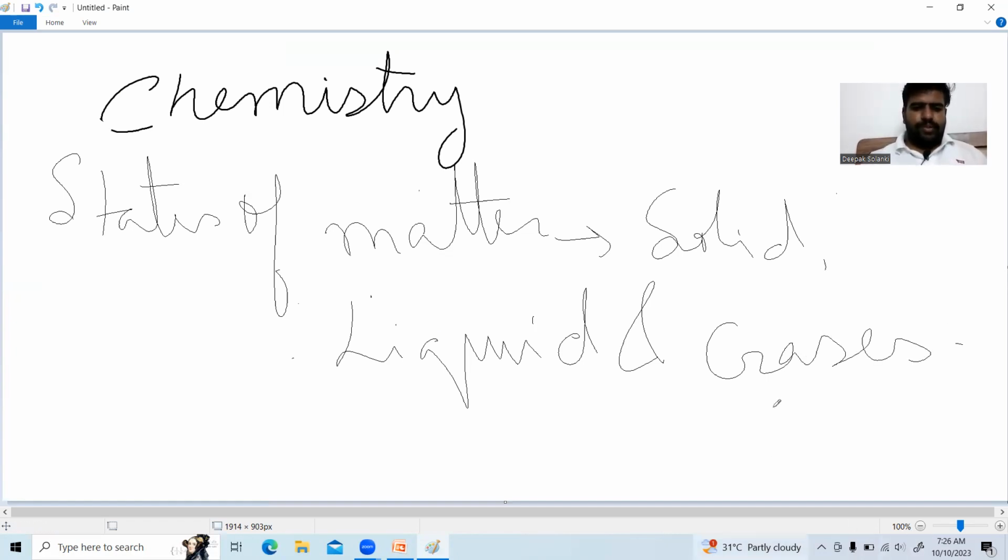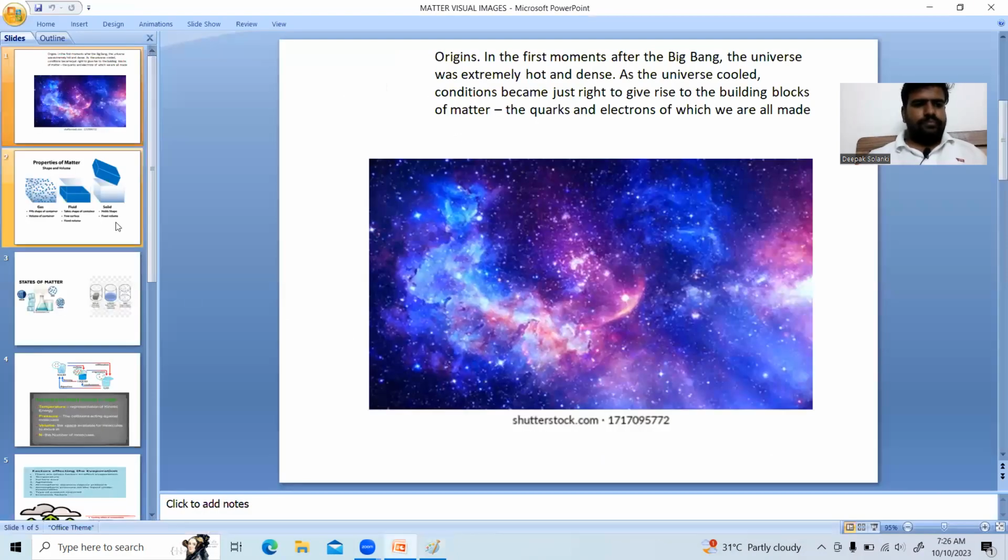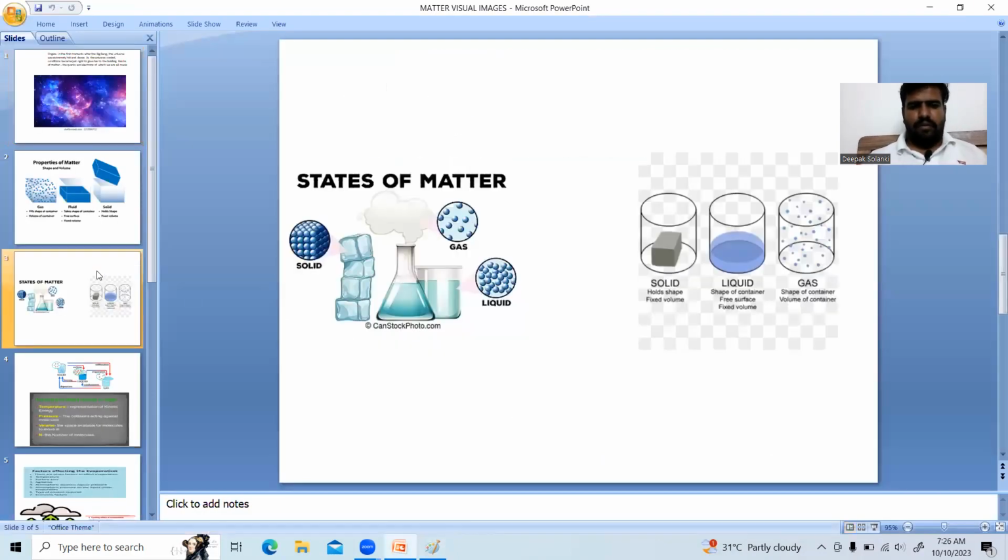Let me show you some PPT by which we can understand it more. In a solid, the particles are very closely packed with a strong force of attraction between them, and it is not easy to break the force between them. If we heat it to a very high melting point, only then can it break.